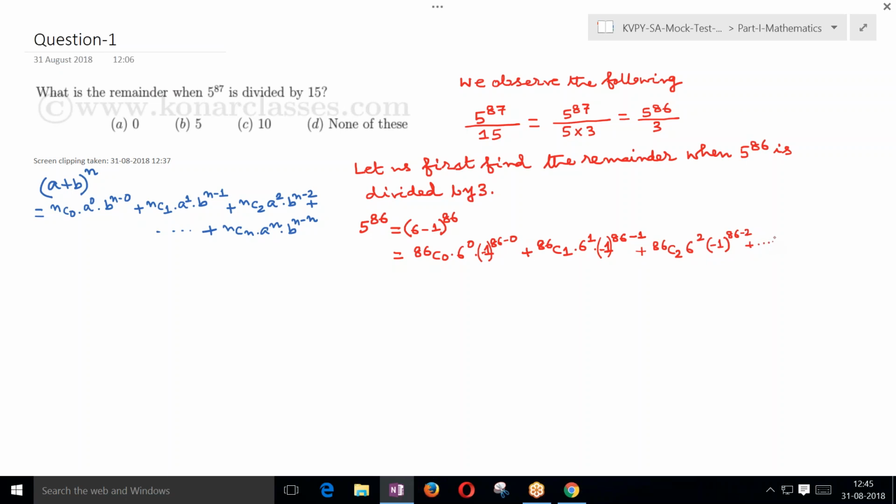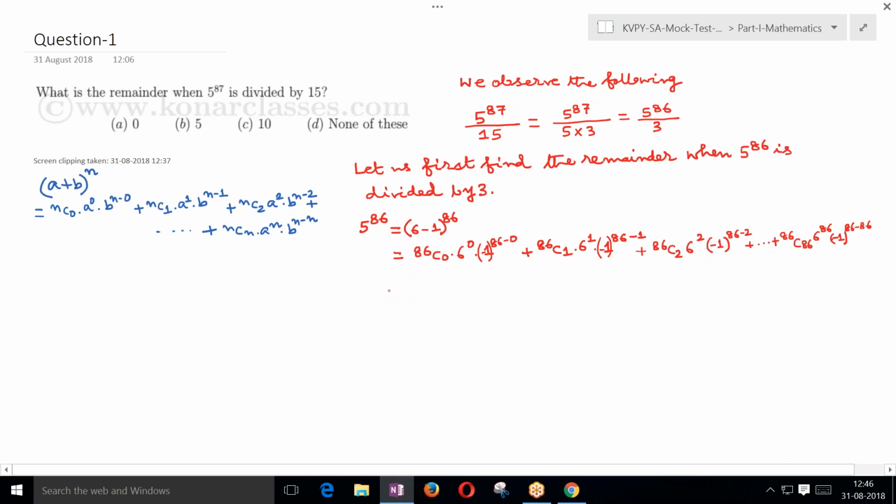In that way it will continue, and finally you will get 86C86 into 6 power 86 into minus 1 power 86 minus 86. Now look at this very minutely.